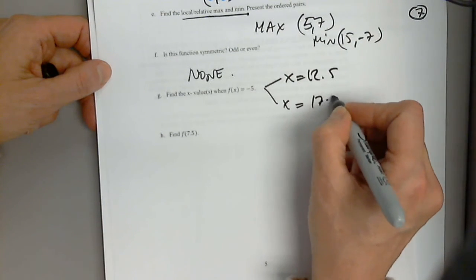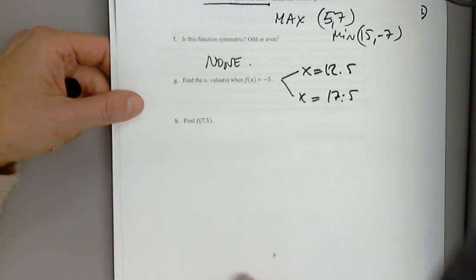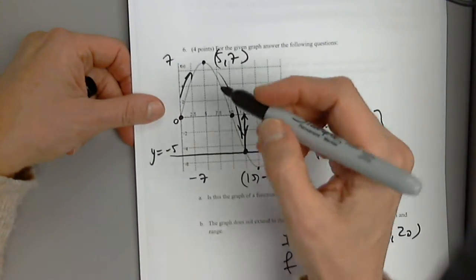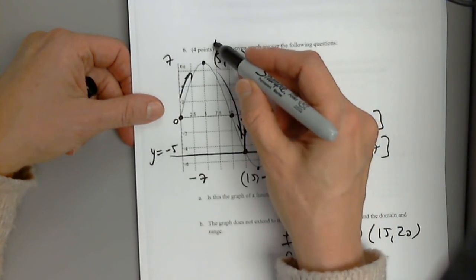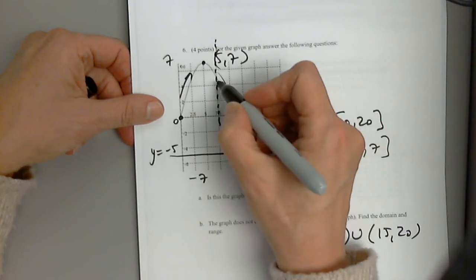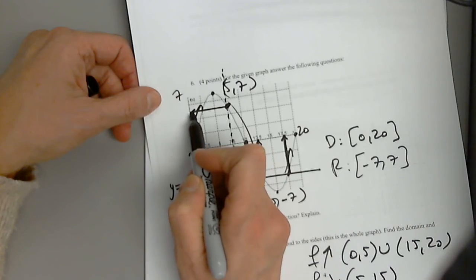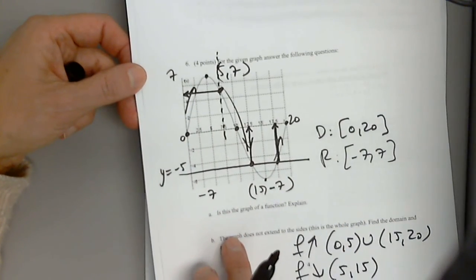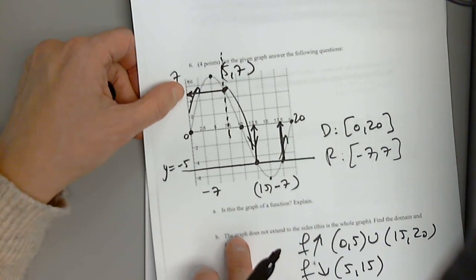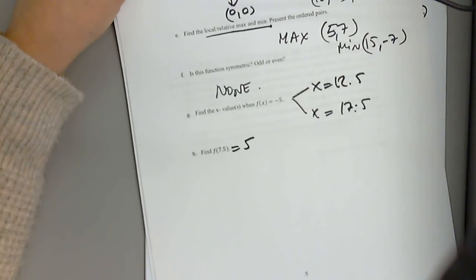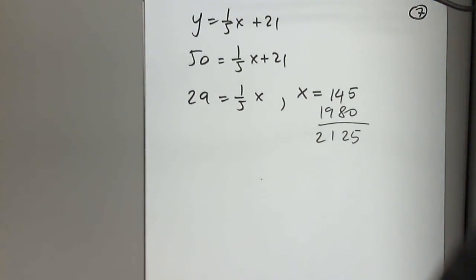And find f of 7.5. I draw a vertical line at 7.5. It crosses the graph at this point, and I read 5. Any questions on this?